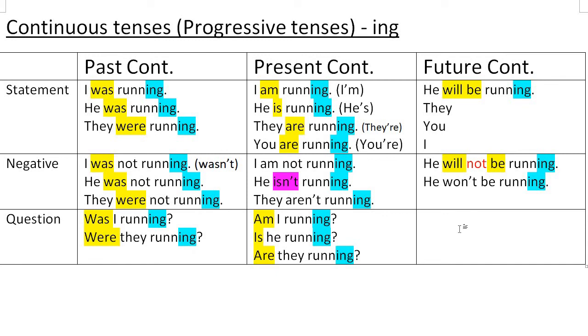Okay, then we move to our questions, and once again you just move your, but this one's a little more tricky than the other ones, right? So you move the will to the front. Will he be running? Okay, so the two auxiliary verbs there, will be, are on either side of the subject he.